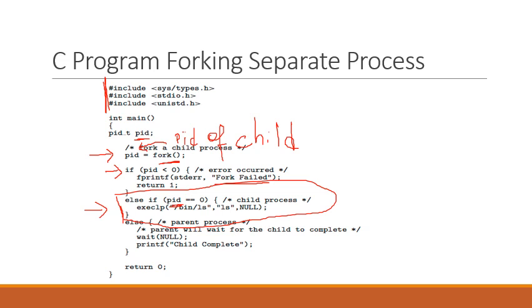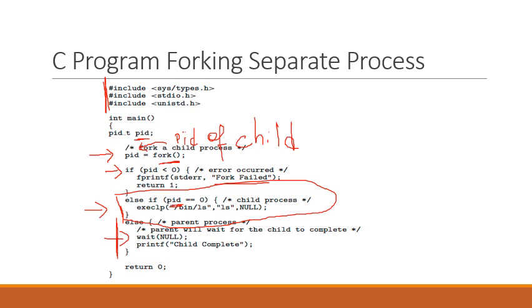Whereas in the parent process the value of the PID is the identifier of the child process, so it will execute this final else part. And what it is going to do in its part, it is executing a wait system call.